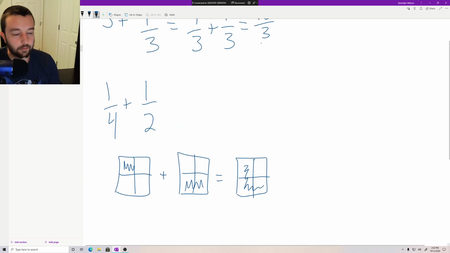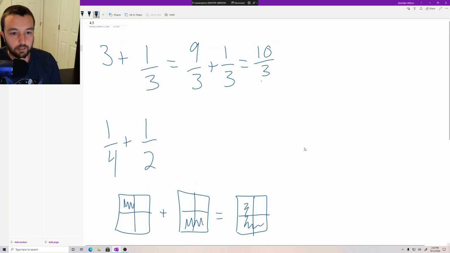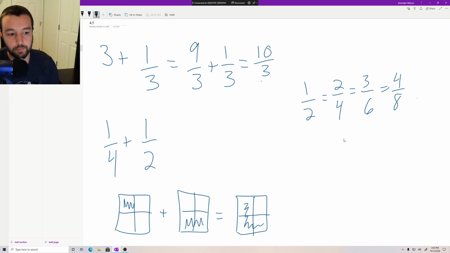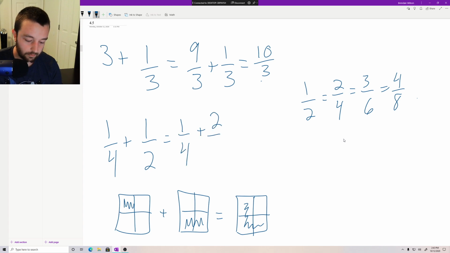So how do we get there? Well, we have to think about equivalent fractions. 1/2 is the same thing as 2/4, same thing as 3/6, same thing as 4/8, etc. So we can use that second one in place of the 1/2 here.